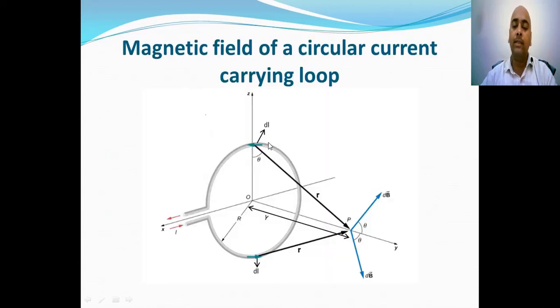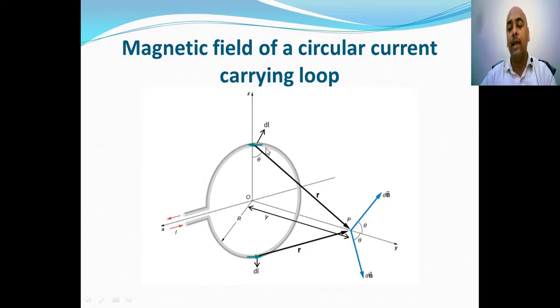Now, if we see the angle between the differential element I dl and the radial vector r, we can estimate that the angle between I dl, which lies in the xz plane, and the radial vector r is always 90 degrees.